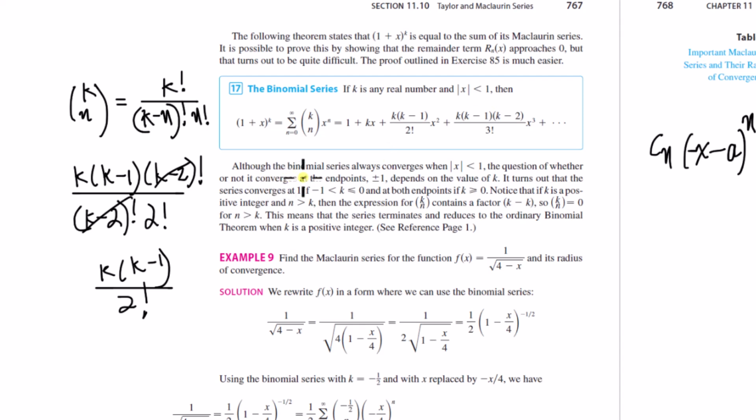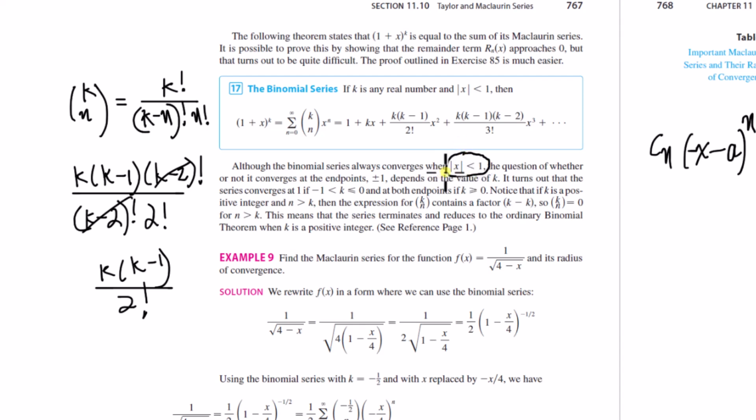All right, although the binomial series always converges when the absolute value of x is less than 1, the question of whether or not it converges at the endpoints, the ratio test doesn't tell us about the endpoints, so it depends on the value of k. Now again, they're not talking about if k is a positive integer.